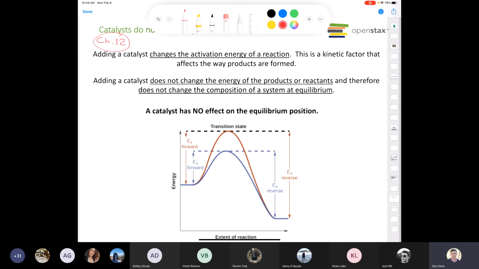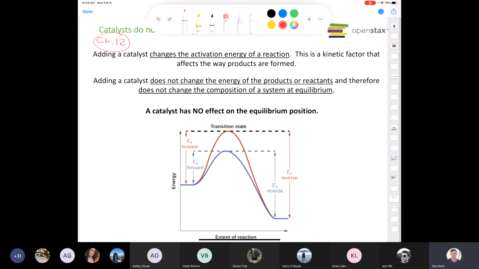And we said that a catalyst does increase the rate of a reaction by decreasing the activation energy, right? Here's an uncatalyzed reaction. And then when you put a catalyst in, not only does it change the mechanism oftentimes, but it lowers the activation energy. And therefore, when the activation energy decreases, the reaction is just going to go faster.